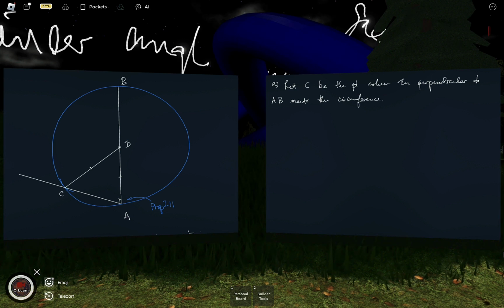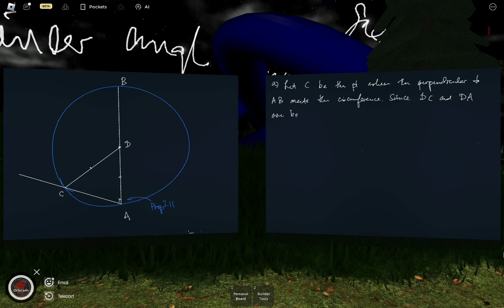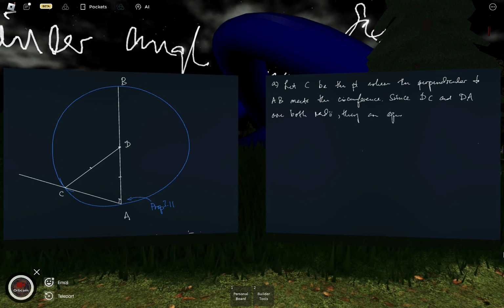Right. And since DC and DA are both radii, they are equal. Now we've got an isosceles triangle, right?